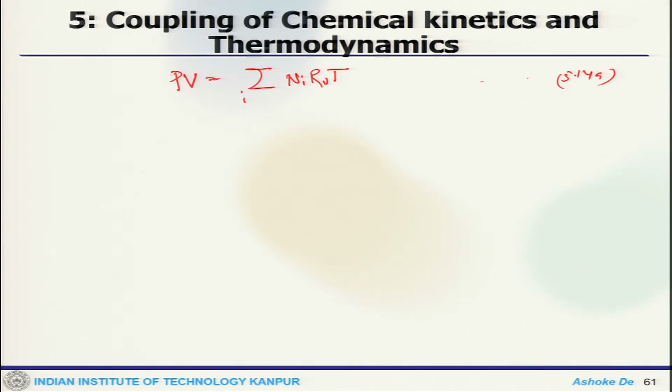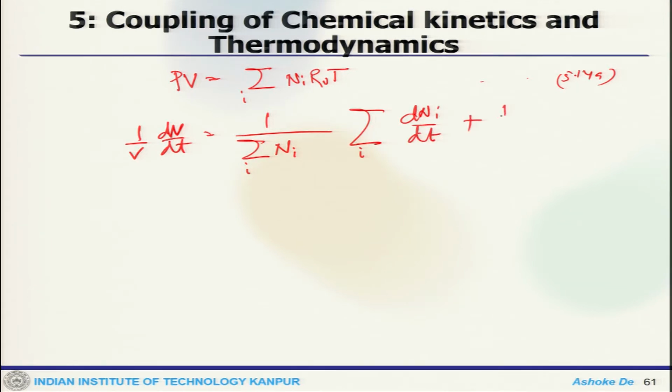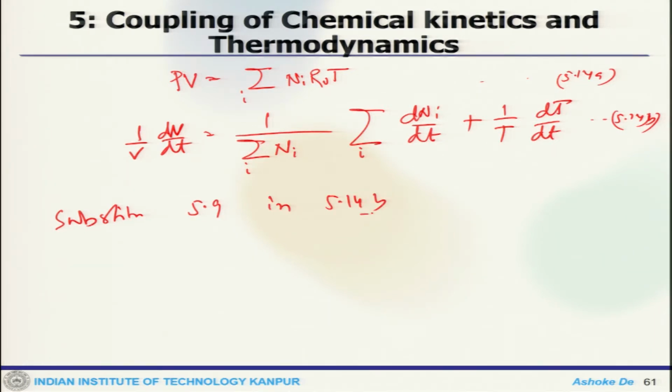So, if you differentiate this equation and rearrange, we get 1 by V dV by dt equals 1 by the summation over I of N I, times the summation over I of dN I by dt, plus 1 by T dT by dt. So, for this particular system pressure is constant. Now, we substitute 5.9 into 5.14b and then we substitute the result of 5.13b.